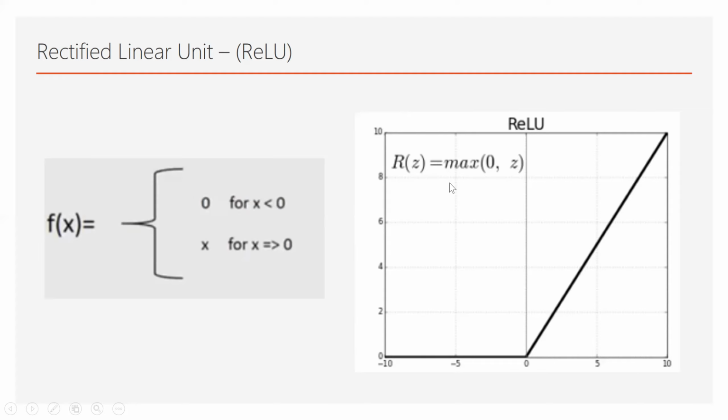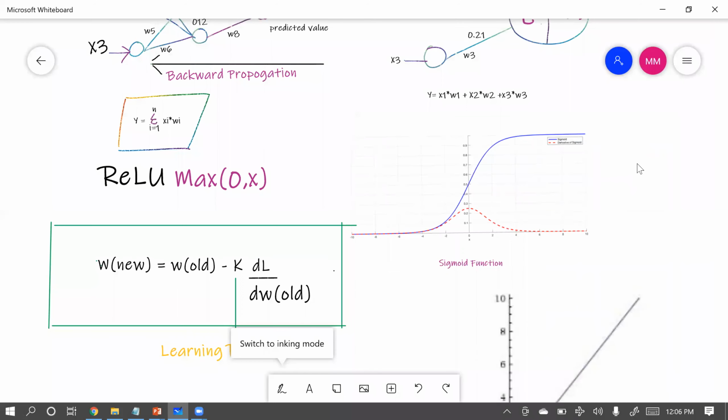If our z value is 0, it will give you 0. If our z value is greater than 0, then it will give us a linear equation line. Simple, right? We'll go to our whiteboard and see how we can derive a formula by using math intuition. Okay, now let's roll back to our whiteboard.